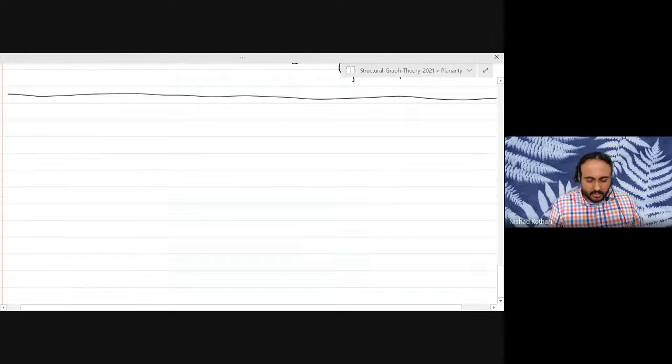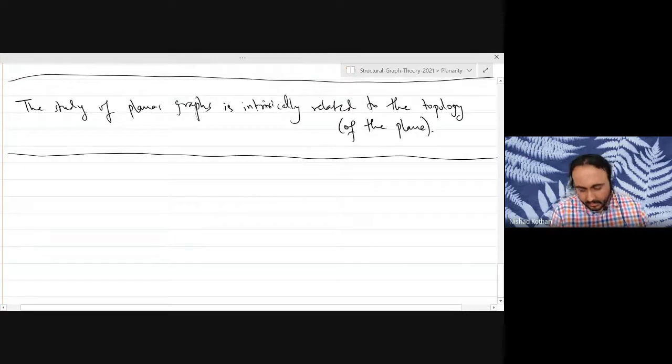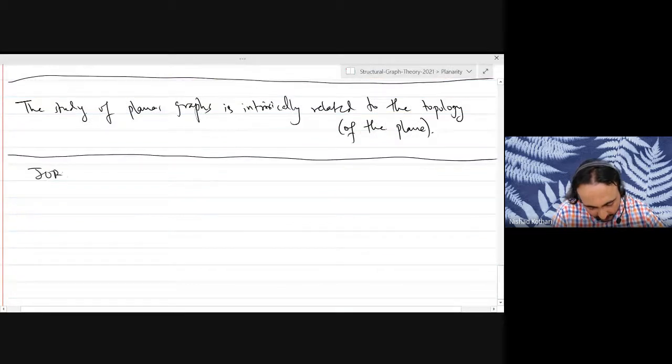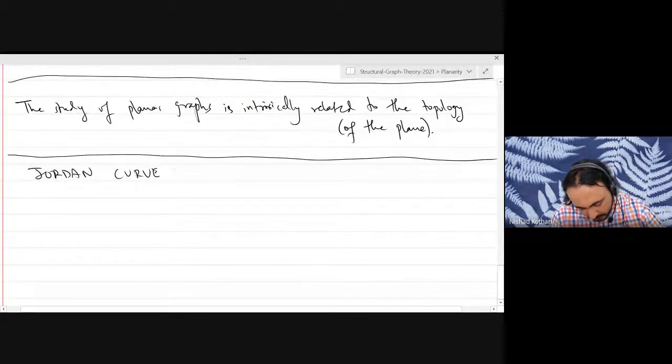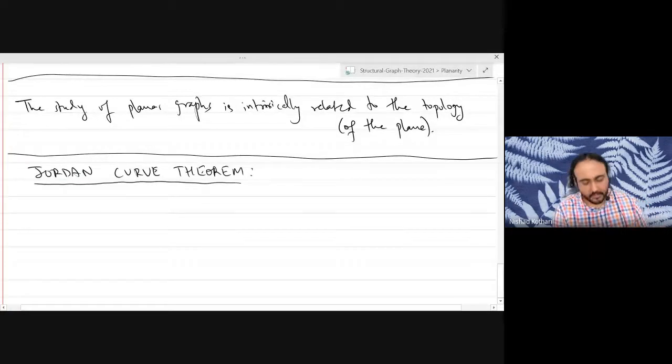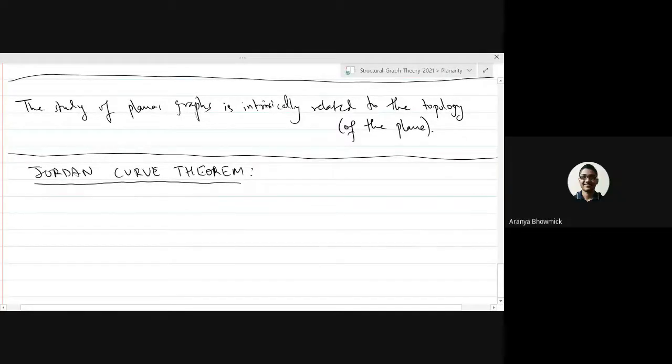All right, and in particular, there is one result from topology that we are going to require. It's called the Jordan Curve Theorem. How many of you have seen the Jordan Curve Theorem? Sir, I saw it, but I don't exactly remember the result.